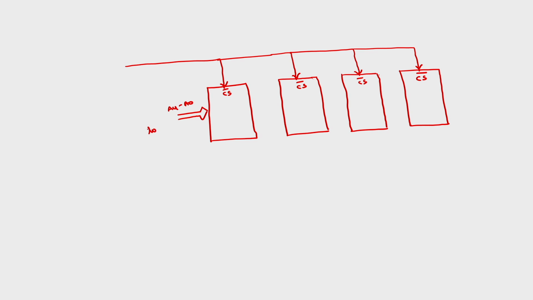You connect A4 to A0 of all the remaining memories together. This is 32 by 2, this is 32 by 2, this is 32 by 2, this is 32 by 2. This is the overall chip select signal of the required 32 by 8 memory.